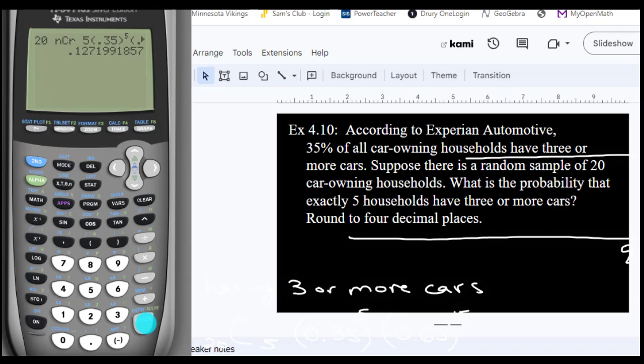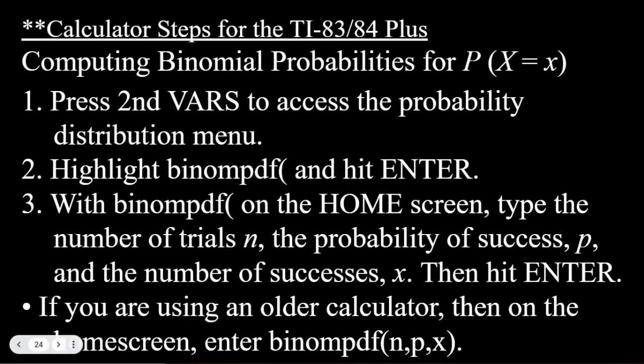So the probability of x equaling 5 is 0.1272 if we round off to 4 decimal places. So that's how we would type in that equation that we set up.